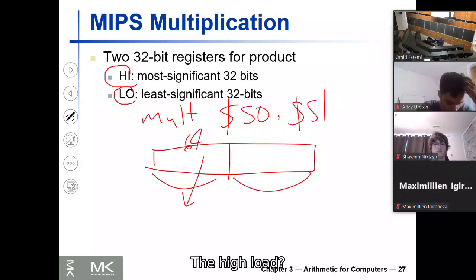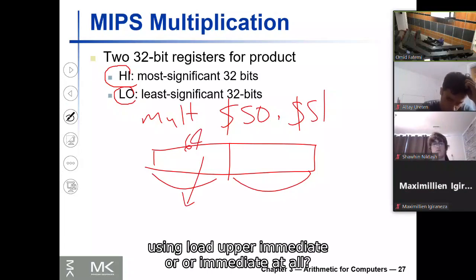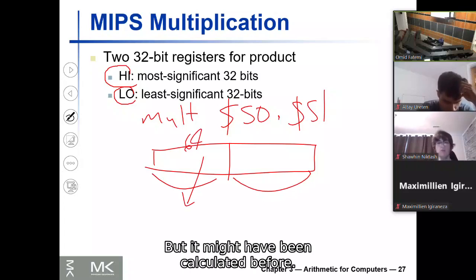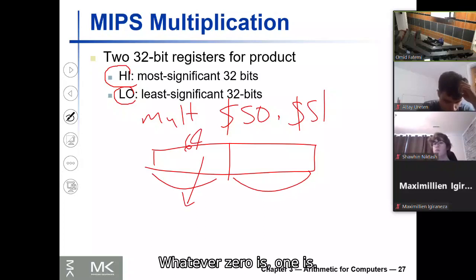The high word, yes? Does this relate to using load upper immediate at all? If you want to load something for S0 or S1, yes, but it might have been calculated before. Whatever S0 and S1 are, they are there. So for example, you want to multiply 8 by 12.